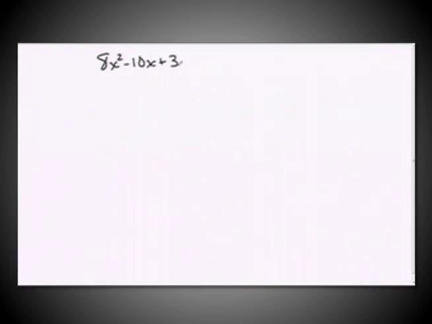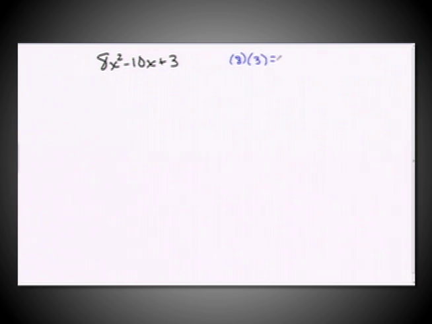So we have the example here of 8x squared minus 10x plus 3. And as you can see, our leading coefficient is not 1, so we can't use the old method that we were talking about. For this method, the first step in this process is to multiply a times c. In this case, a is 8 and c is 3.